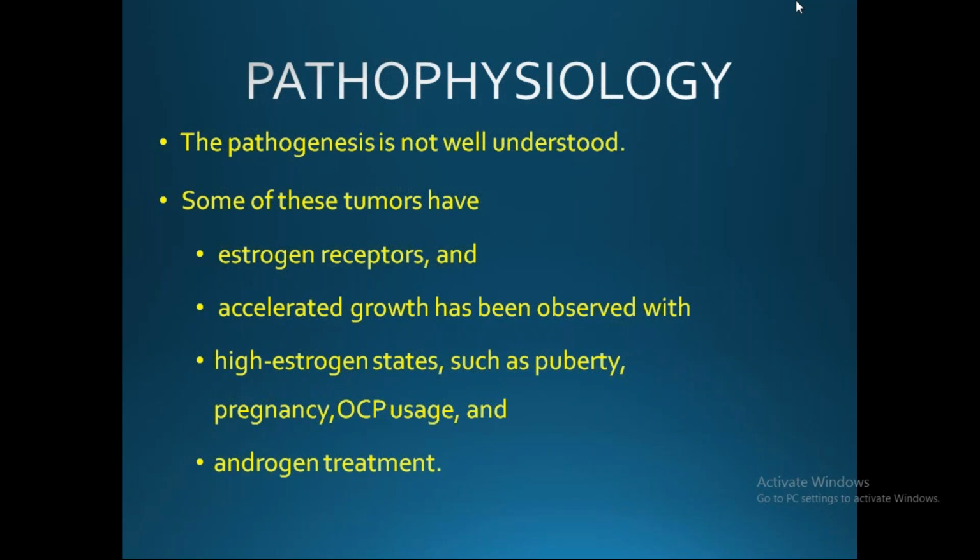Whenever there is a high estrogen state in human development, such as puberty, pregnancy, and contraceptive usage, OCP pills, at those phases of life there is an increased chance of developing hemangiomas.